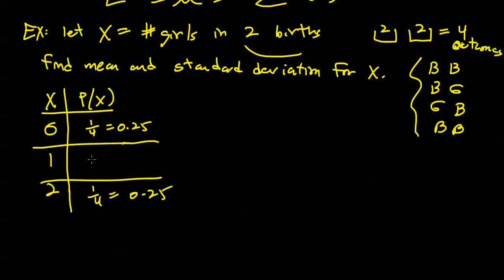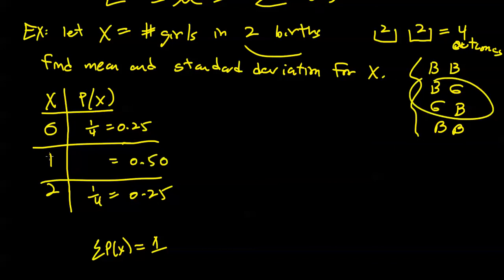And the probability then of 1 girl, well, notice, because I know the sum of the probability column has to be 1, there's only 1 cell left, and so this has to be a 0.5. If you want to look at the sample space, well, 2 of those outcomes have 1 girl, boy girl, or girl boy. And so I can say 2 out of 4 is also 1/2. Alright, so I can find the probability distribution without too much trouble.